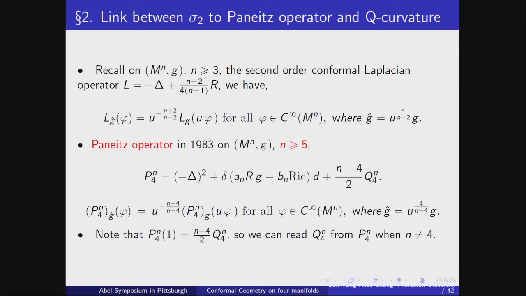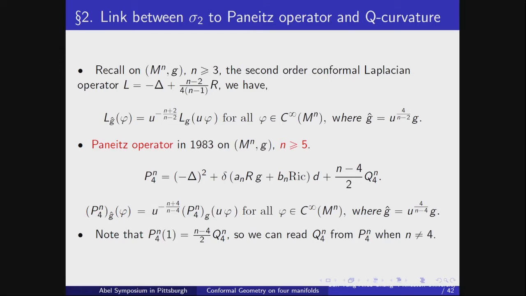And it turns out in 1983, there is the operator introduced by Paneitz, and it's called the Paneitz operator. He wrote down by hand an operator, which is a fourth order operator where n is the dimension.